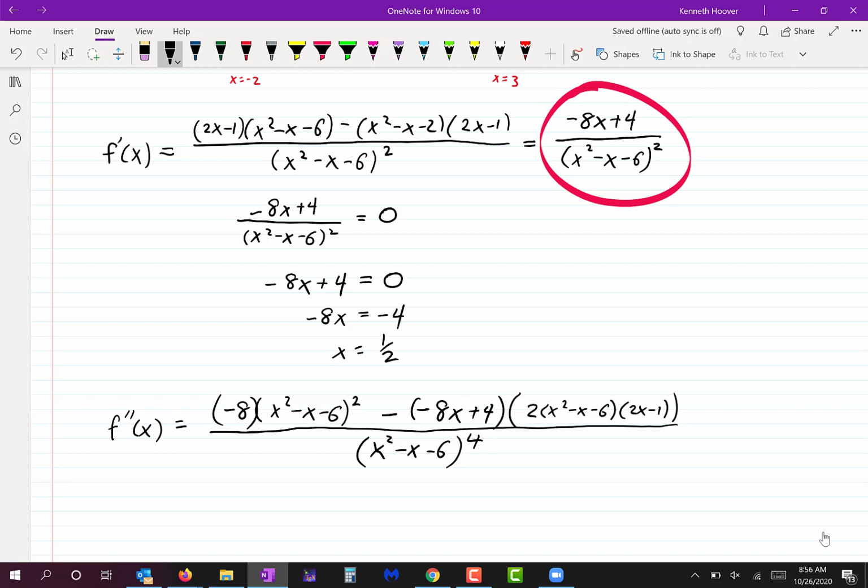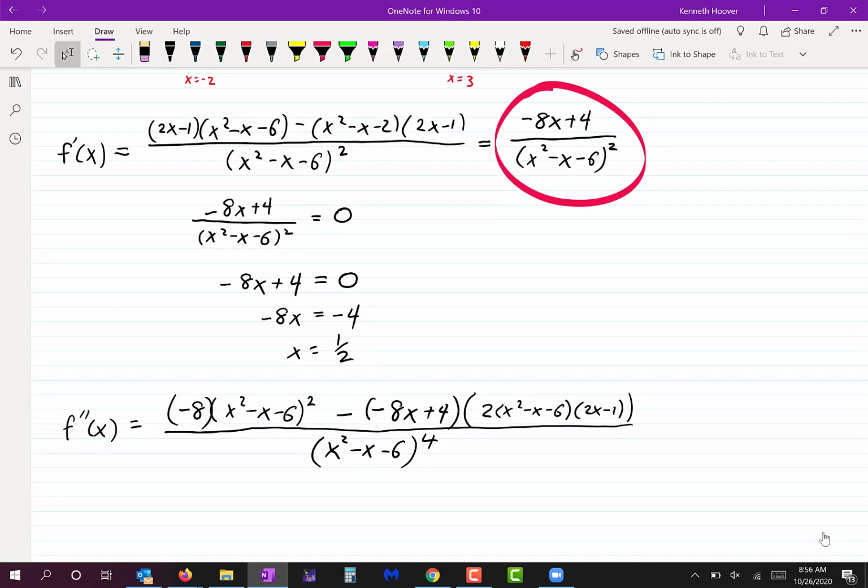Then just simplify it to make life easier on yourself. I'll tell you what it comes out to be: 24x squared minus 24x plus 56 over, and then the bottom. You're probably expecting this to be a 4, but because some canceling happens, we actually have only the third power left, because one of the 4 canceled.